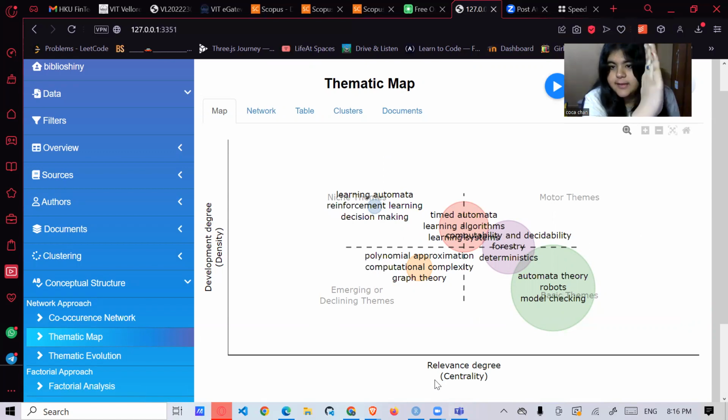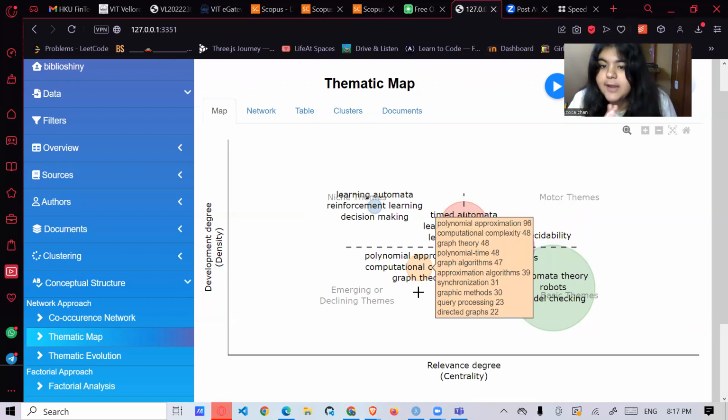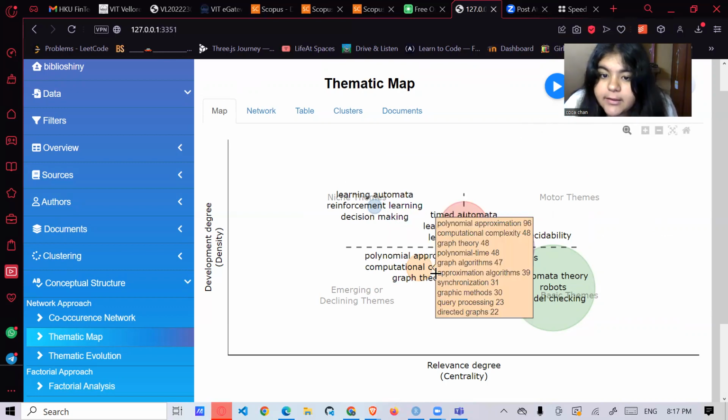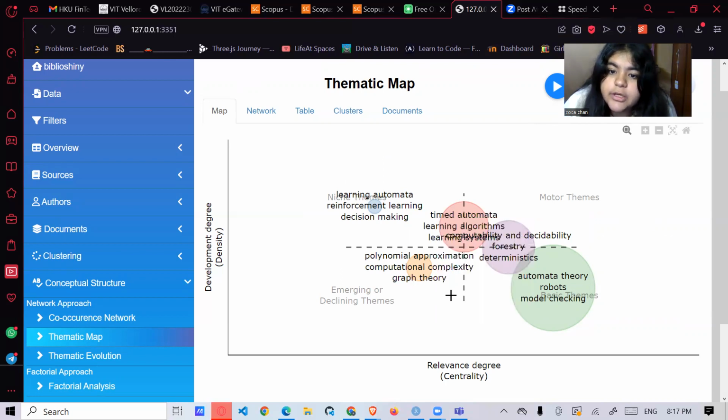So topics like polynomial approximation, computational complexity and graph theory are comparatively less relevant with respect to topics which are more mainstream, like automata theory, robots and model checking, which come on the positive side. If you're comparing, learning automata, reinforcement learning and decision making are comparatively less relevant than polynomial approximation and computational complexity.